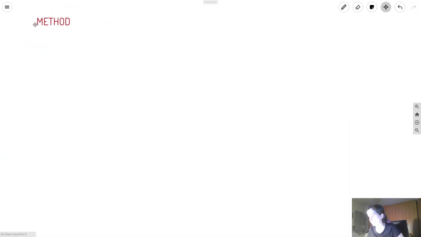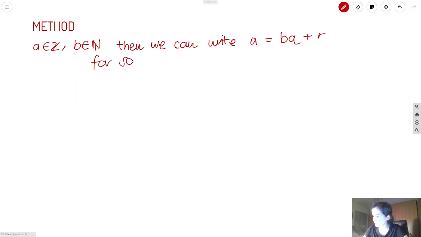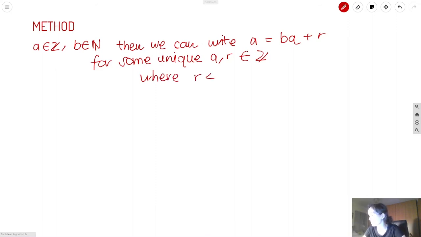Firstly, we're going to note that if we have some integer a and some natural number b, then we can write a as being equal to b times q plus r, for some unique integers q and r, where r is going to be smaller than b.